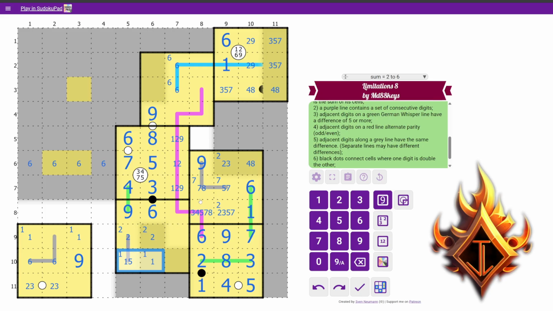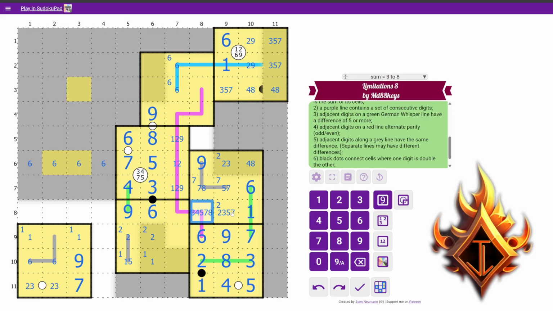Or rather, seven does not go on the line. 7 does not go here either. So 7 goes there. That is 7. And now, ooh, 7 can go there.